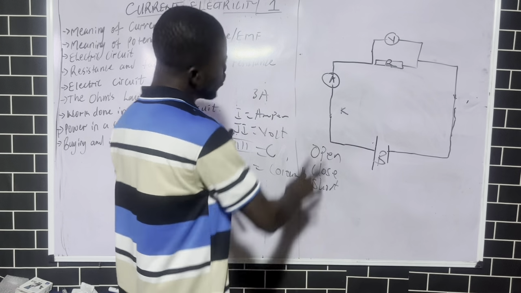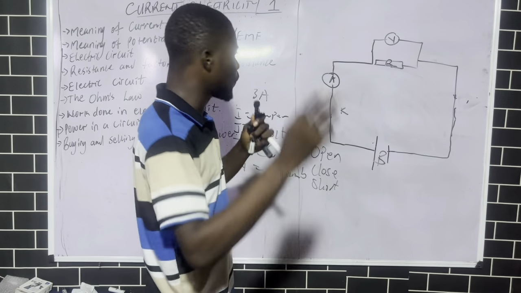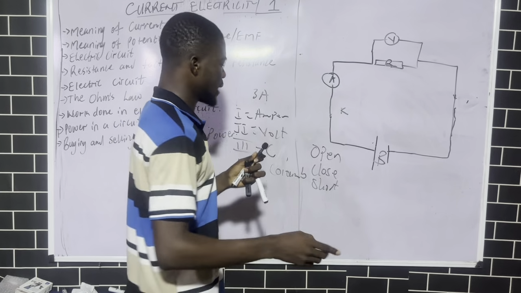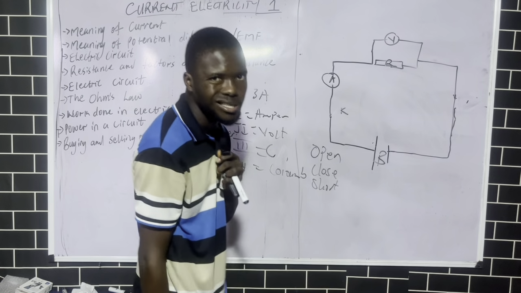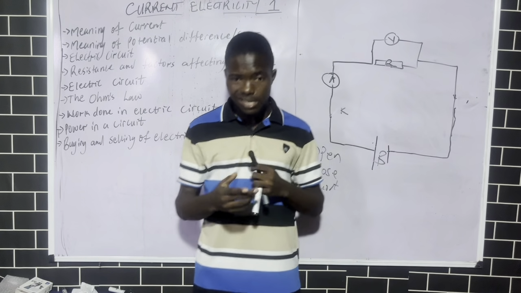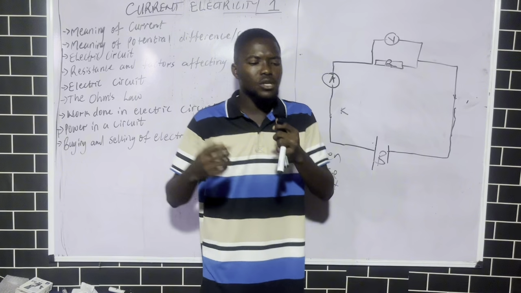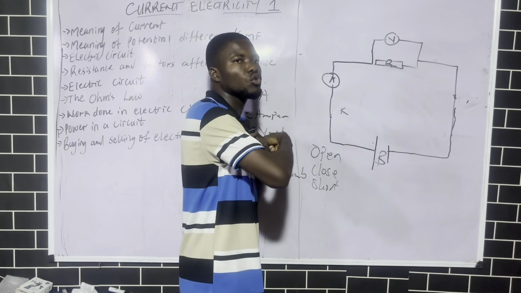Now moving on, we already understand what the circuit is. My diagram might not be 100% correct, but this is the main thing concerning the circuit. You have to understand that your ammeter should be connected to your battery in series. Anytime we say something is in series, and we will look at this very well under resistance, it means the things are connected in such a way that what passes through one passes through the other.